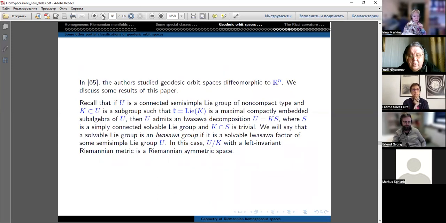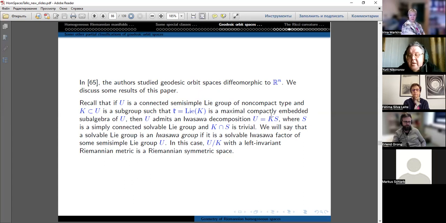Now, we will discuss some results about geodesic orbit spaces which are diffeomorphic to Euclidean space. I recall that if U is a connected semi-simple Lie group of non-compact type and K a subgroup such that the corresponding Lie algebra is a maximal compactly embedded subalgebra, then U admits an Iwasawa decomposition.